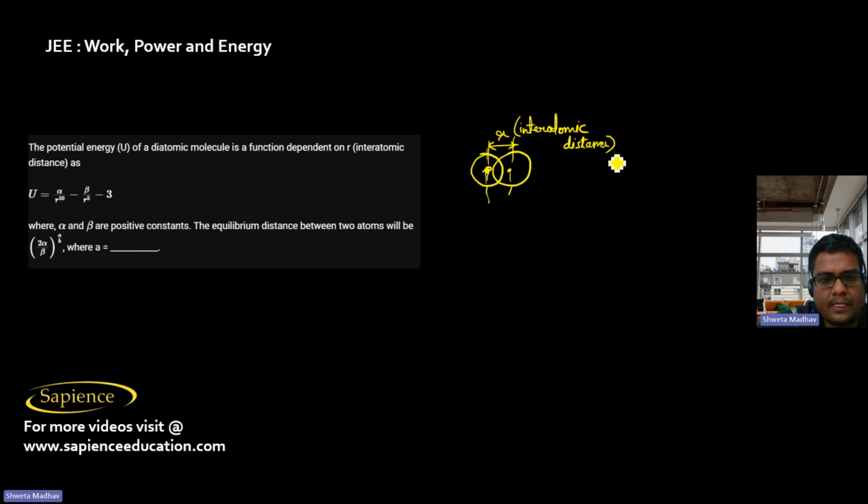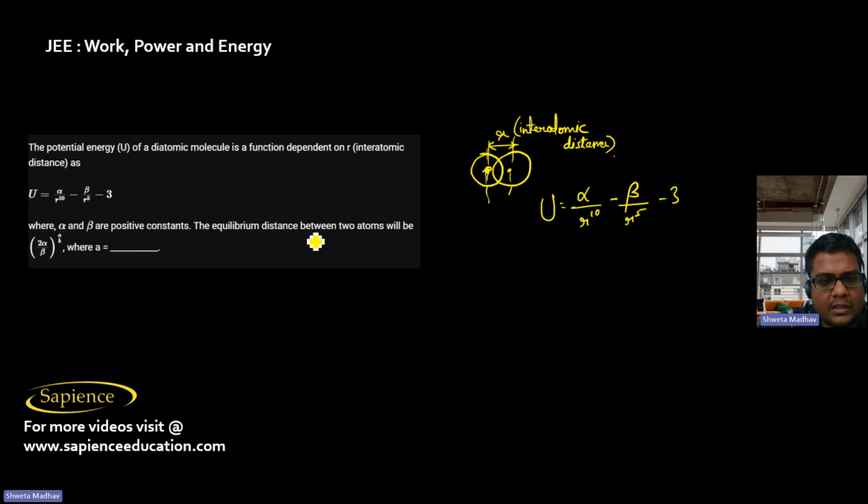So you can say the potential energy U is alpha by R power 10 minus beta by R power 5, minus 3, where alpha and beta are positive constants.